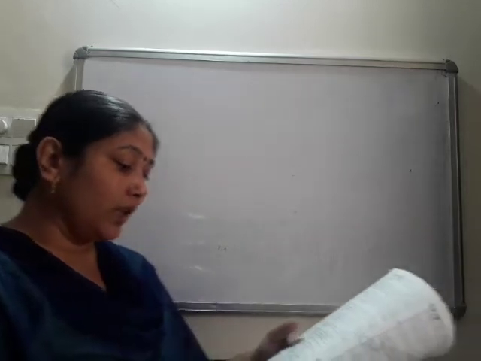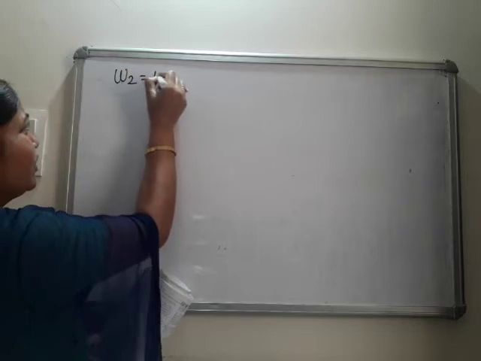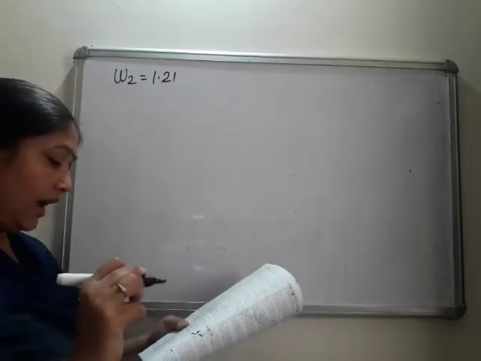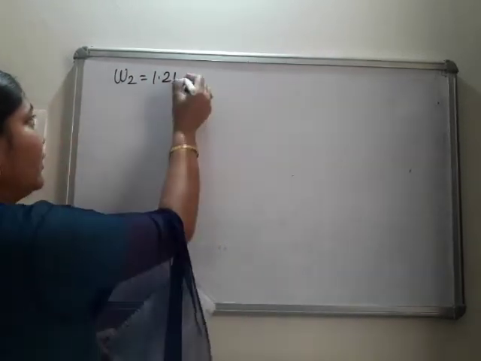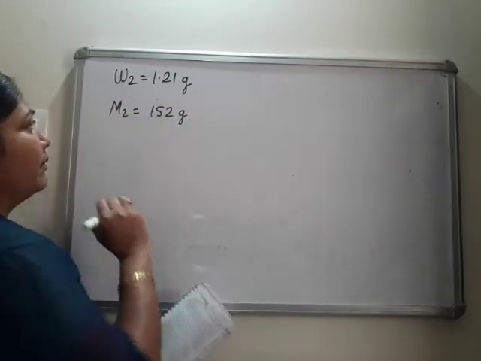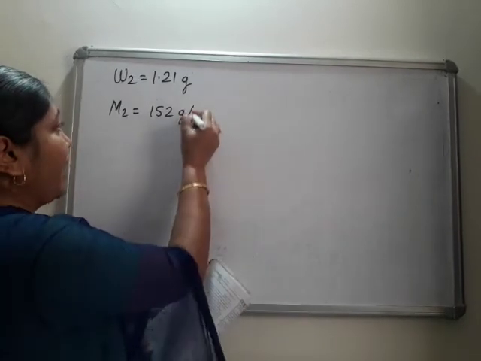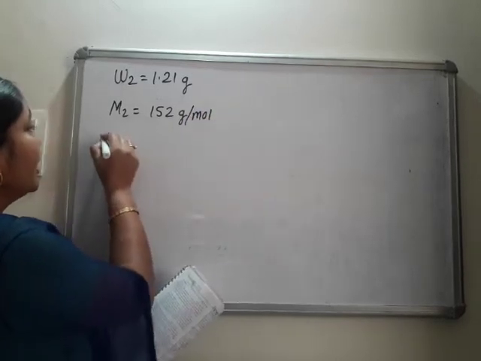Again same like previous question, but only the thing they have not given molality. Read the question carefully. Solution is prepared by dissolving, what is it? A solution containing 1.21 gram of camphor. So camphor is solute here. So W2 is 1.21 gram. Molar mass is 152. So M2 is 152 gram per mole in 26.68 gram of acetone. So this is W1.